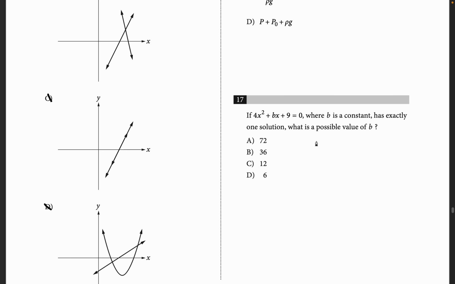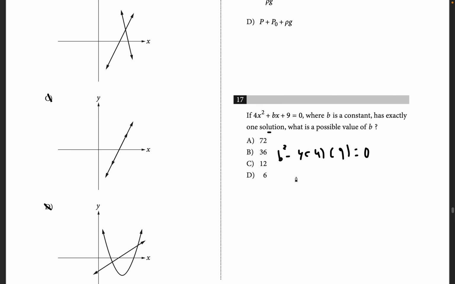4x squared plus... what's the possible value of b? Okay, the discriminant. One solution means b squared minus 4ac equals 0. We don't know b, so b squared minus 4 times 4 times 9 equals 0. 4 times 4 is 16, times 9 is 144.